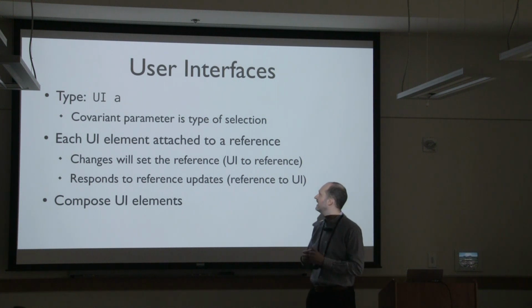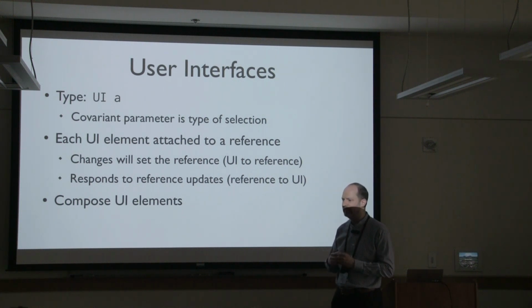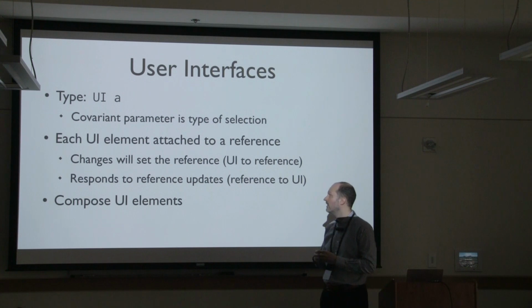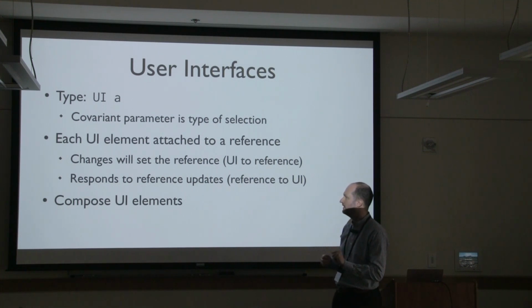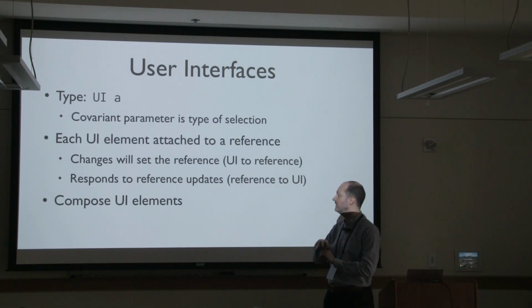So user interface is attached to references. If you're familiar with model view controller, then the reference is the model, and the UI is the view and the controller. There's this two-way communication between the two. So for example, you might have a simple Boolean reference.